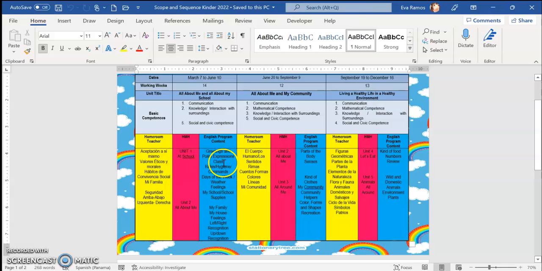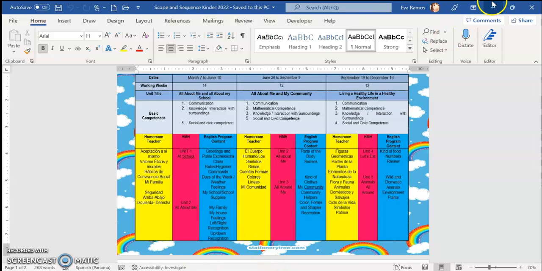And of course, every now and then I include things that connect to what they are learning with their kindergarten teacher, but after they have mastered that content with them, not simultaneously, because it doesn't work really efficiently that way. So this is a scope and sequence. I will be sharing in the description below a link for you to download if you want to use it.